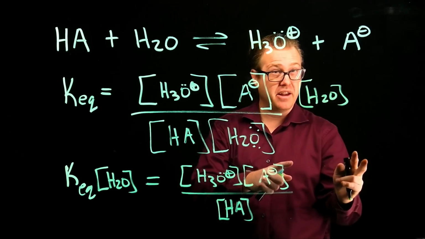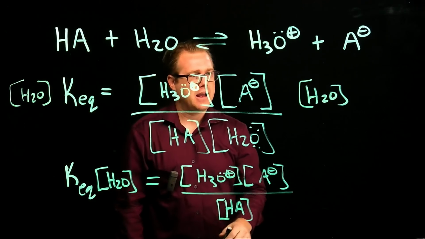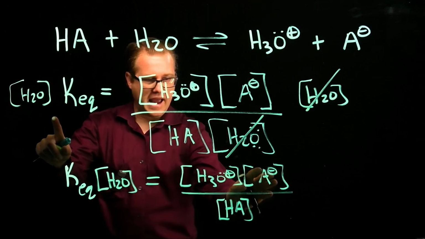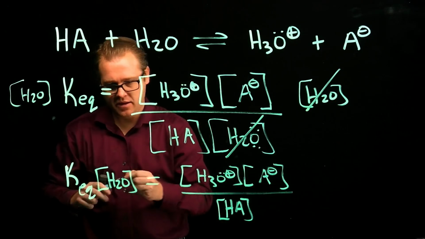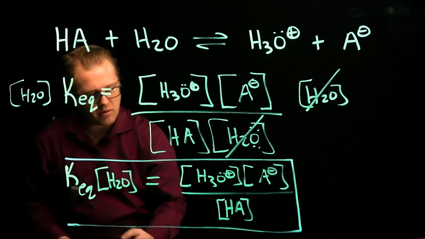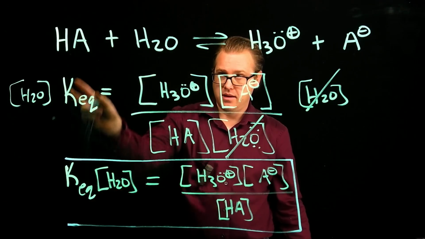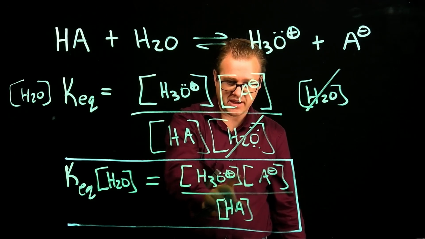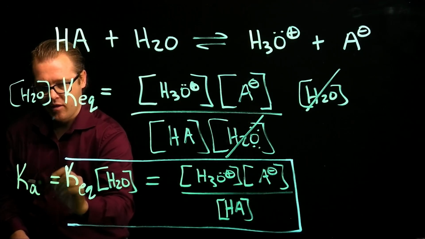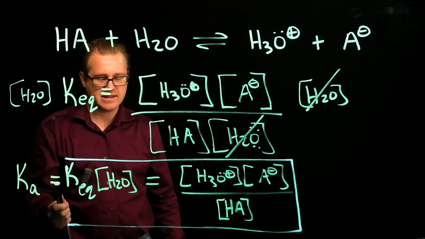And what you do to one side of the equation, you have to do to the other. And so that cancels with that guy. And now we have this equation that I will put right there. But when we look at the equilibrium process through this equation, that has a new name. That is the Ka, or the dissociation constant of the acid.